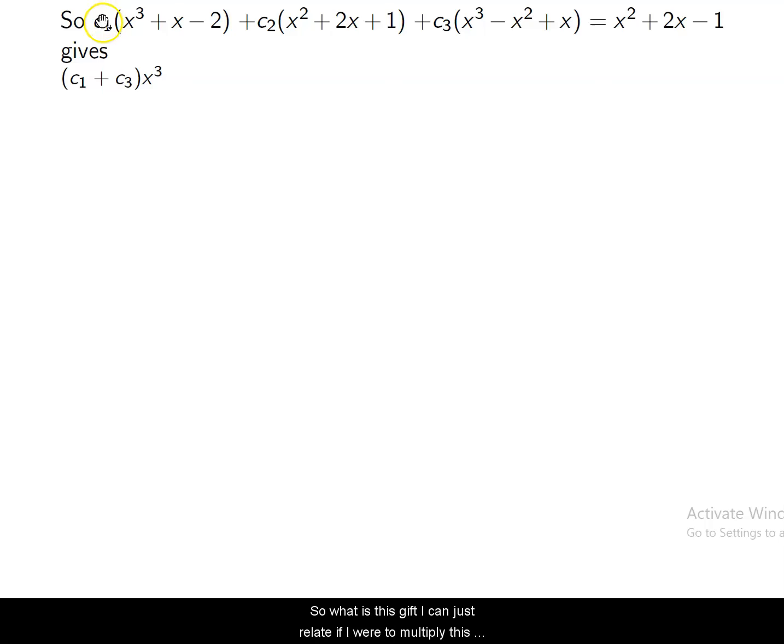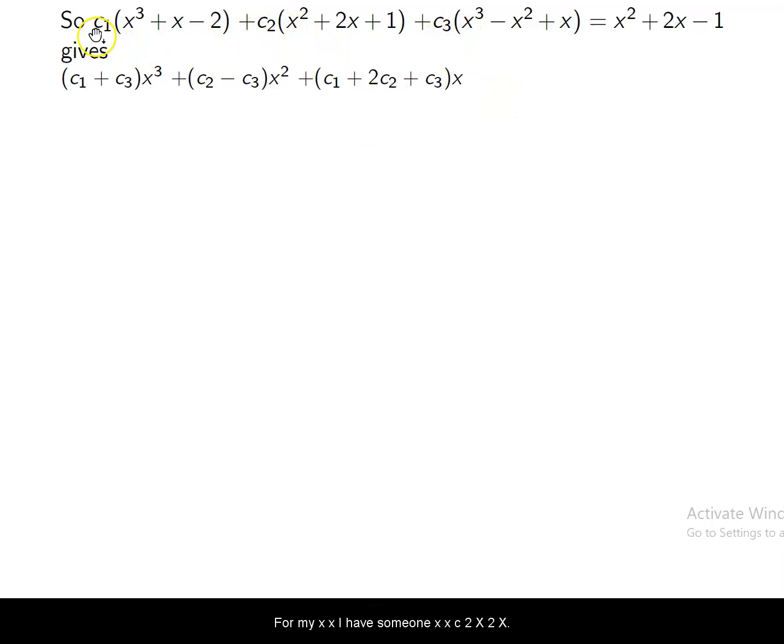Well, I can just relate. If I were to multiply this C1 across everything, which I don't really need to do, you'd notice that for the x cubed terms, there's only C1. There's no x cubed here. For the x squared terms, I have C2 here and this C3.